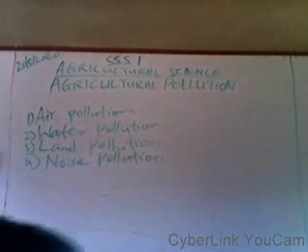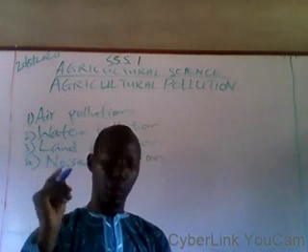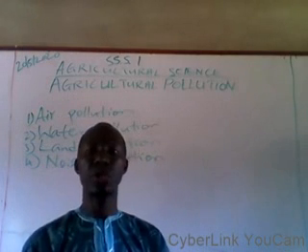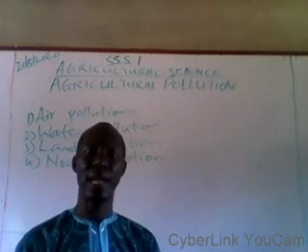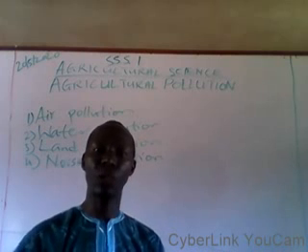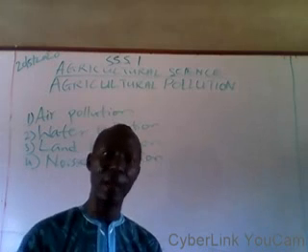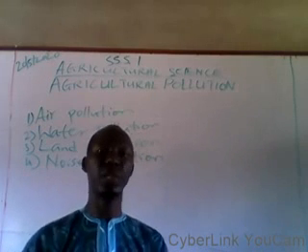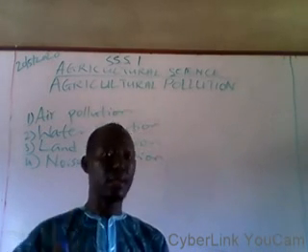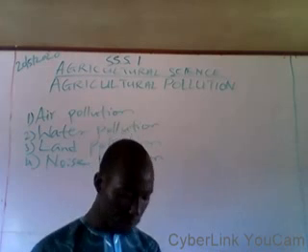Now, let's go properly into the discussion of the notes. Let me take the explanation of agricultural pollution once again. I said that agricultural pollution is the release of harmful or toxic substances into the farm environment, thereby causing biological damages to man and its environment, and also to the animals.